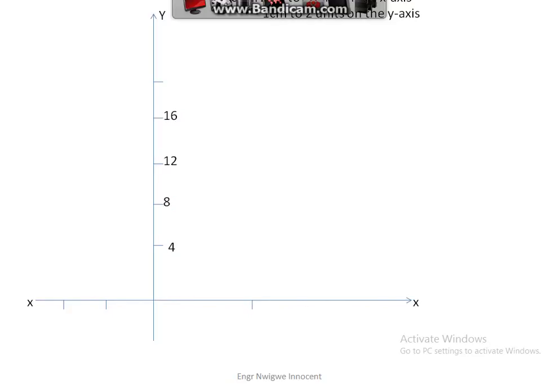Since x has negative values, we have a right hand side and a left hand side. On the right hand side we have 2, 4, and so on, while on the left hand side we have minus 2, minus 4, etc.